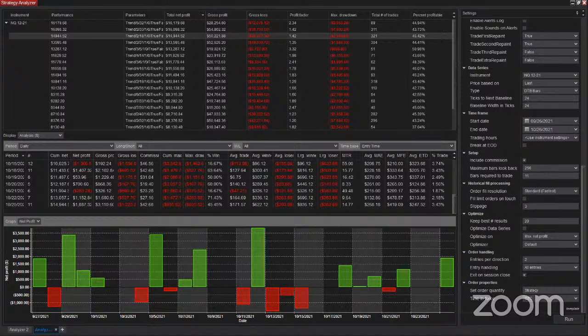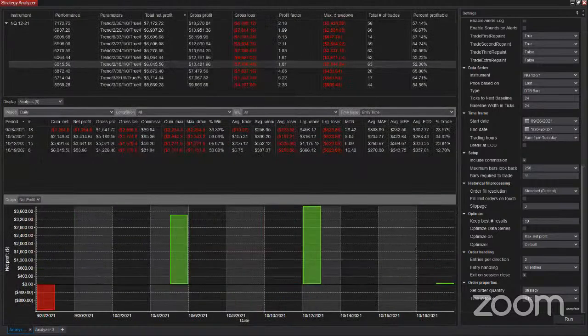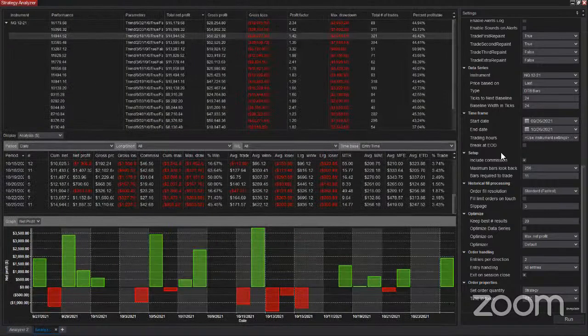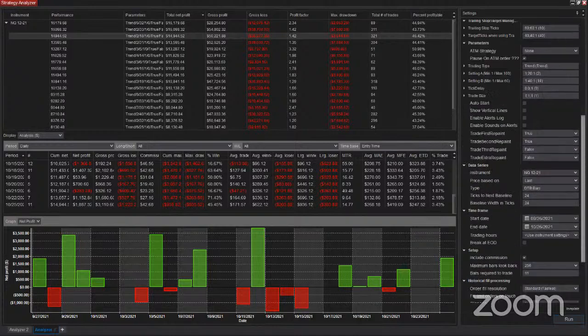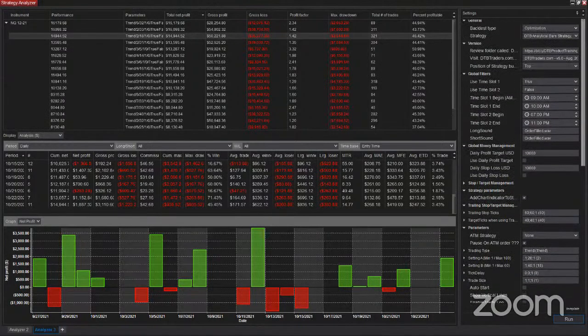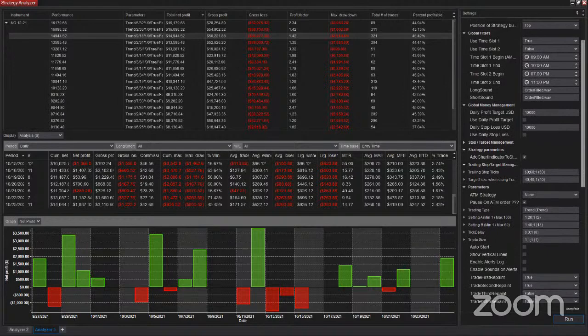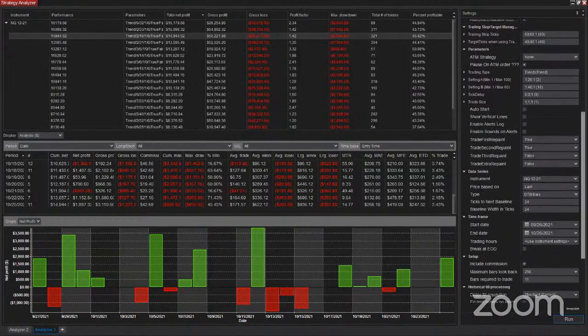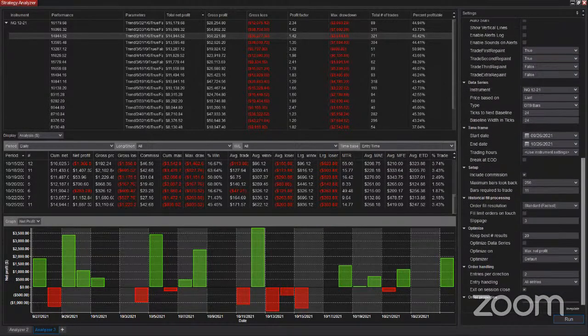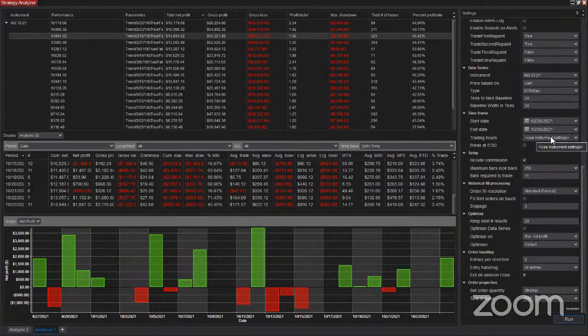So what I basically did is I duplicated this first tab into a new tab. And on the second tab, the only modification that I did was to change the instrument settings.